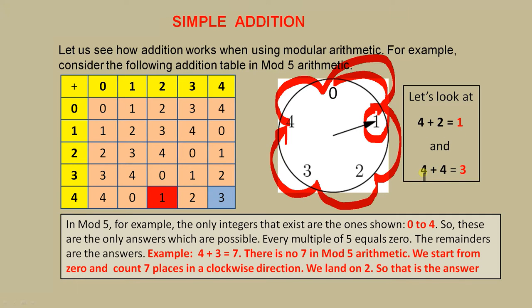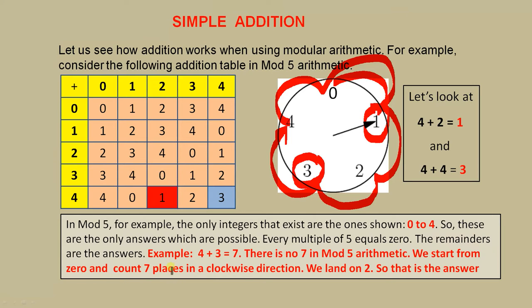In a similar fashion, 4 plus 4 equals 3. Let's have a look very quickly. 1, 2, 3, 4. 1, 2, 3, 4. So we've gone around 4 plus 4, and that's why 4 plus 4 equals 3. In Mod 5, for example, the only integers that exist are the ones shown, 0 to 4. So, these are the only answers which are possible. Every multiple of 5 equals 0. The remainders are the answers.